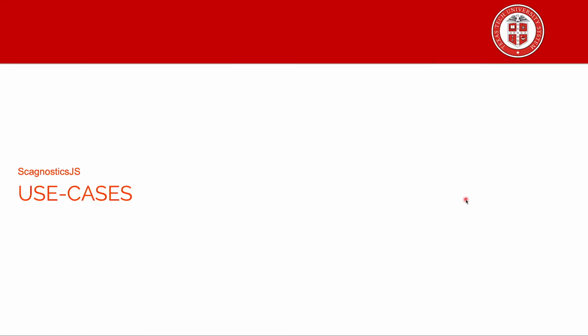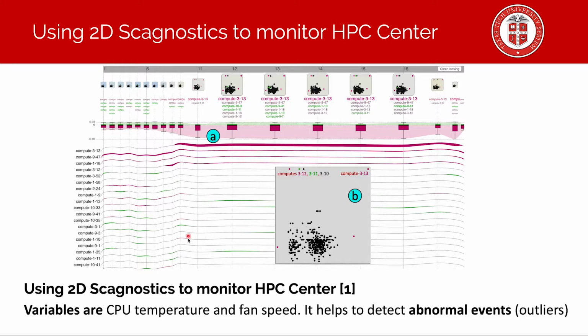Use cases. To demonstrate the usefulness of ScagnosticsJS, we also apply it in monitoring critical variables of a high-performance computing center. First, we use the 2D version to monitor CPU temperatures and fan speed for computes in this center. We compute the outlying contribution for each compute at a time step as the difference between the outlying score of the whole set of computes at that time and the outlying score of the same set of computes when leaving that single item out.